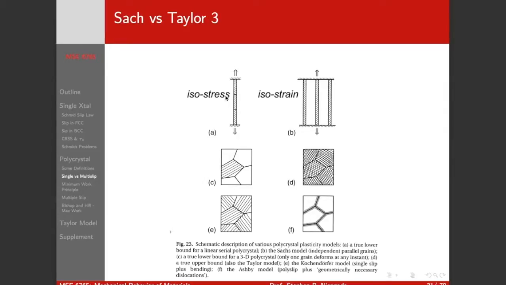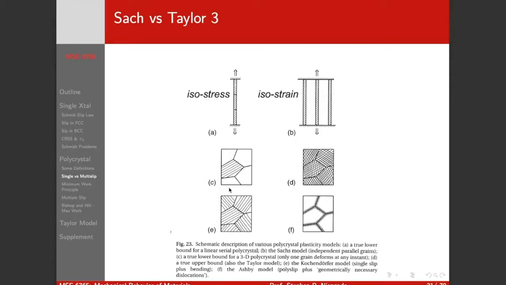This is a true lower bound for the polycrystal, right? There's a typo here because this says this is the Sachs model. No, that's not true, because all of these see the same strain, so this is a true upper bound for a kind of linear idealized polycrystal.